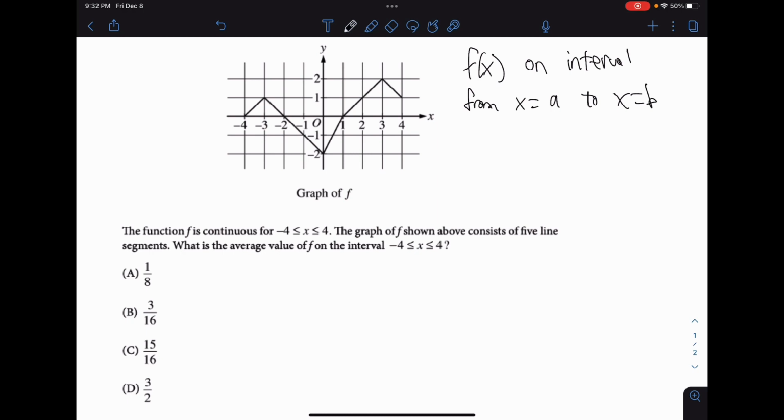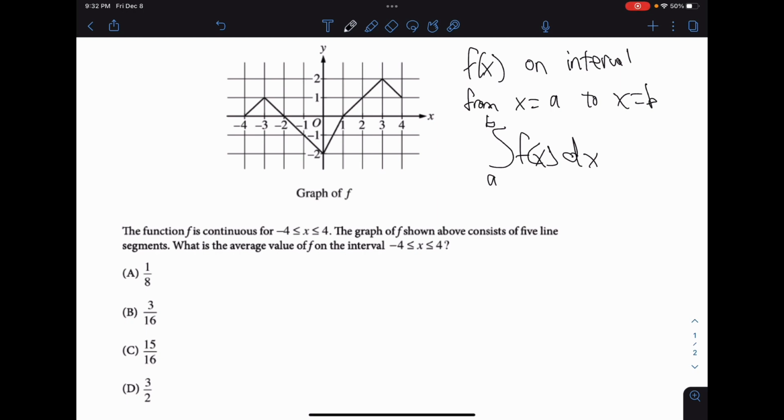So first, we need the sum of all the points on that interval. That's the integral of f of x dx from a to b.